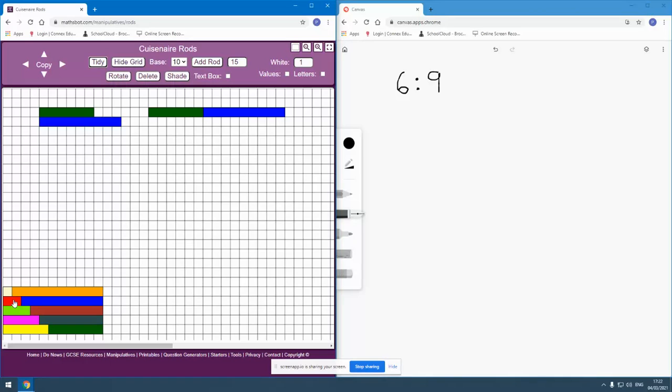So in this case, I could replace the green rod with 3 red rods, and I could replace the blue rod with 3 green rods, and I could do the same thing clearly over here as well. I could replace the green with 3 reds. And I could replace the blue with 3 greens.